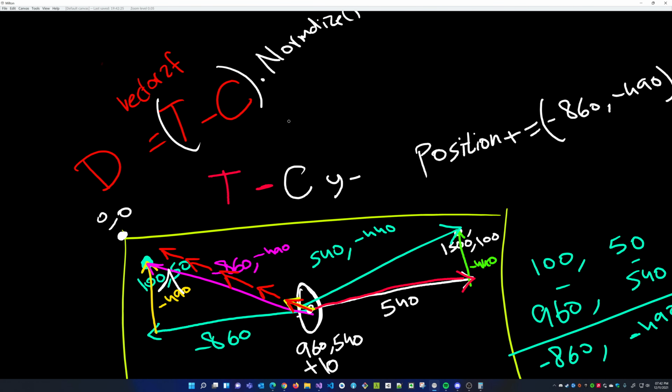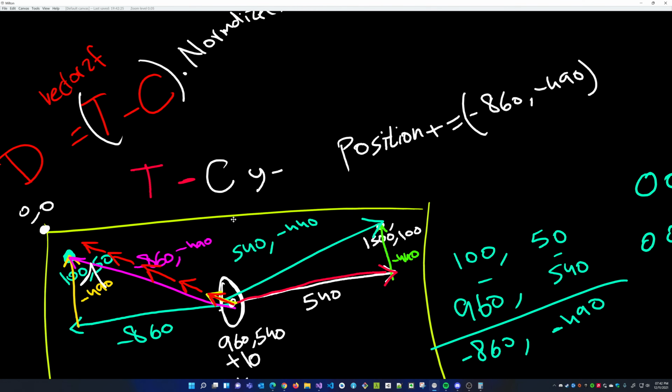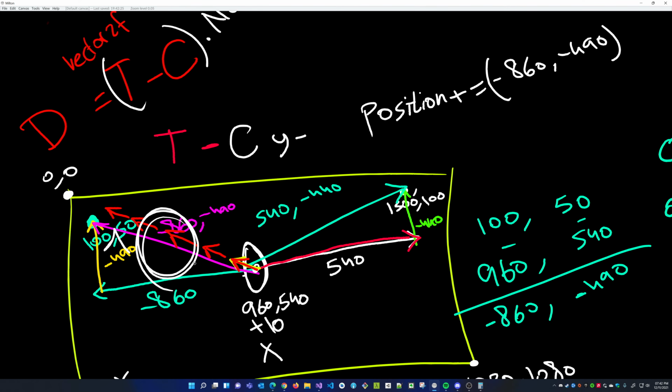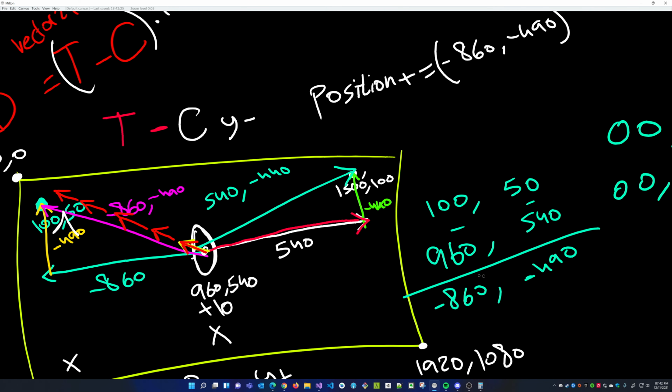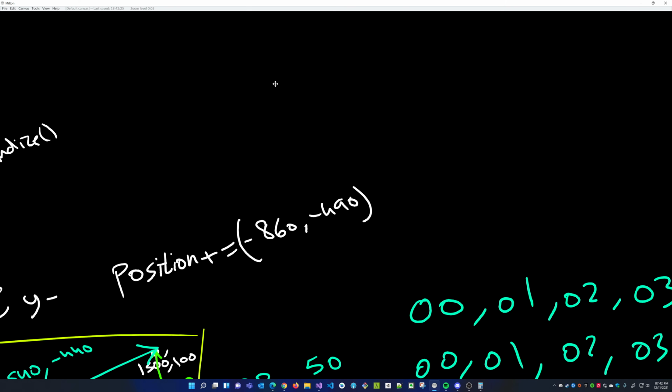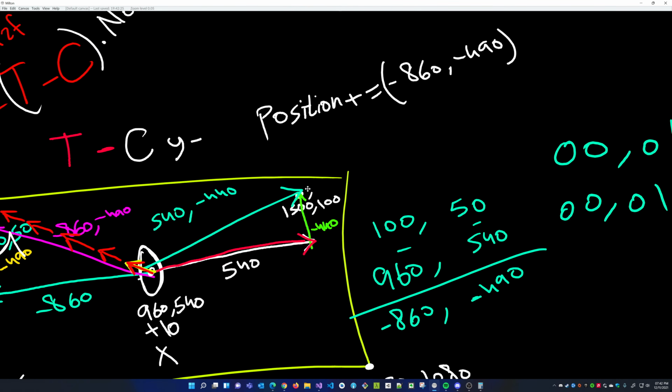But right now, before I jump into that and implement it, I'd like to find out the magnitude of my vector. How long is this vector? If I look here, this is my vector: minus 860, comma, minus 490. Is that correct? 490, yes.